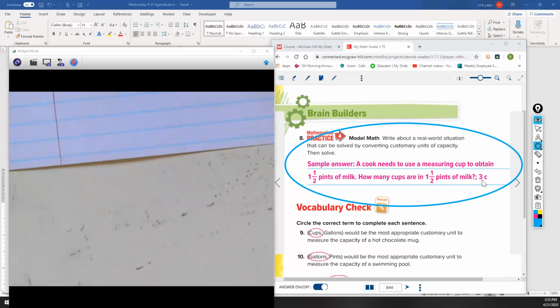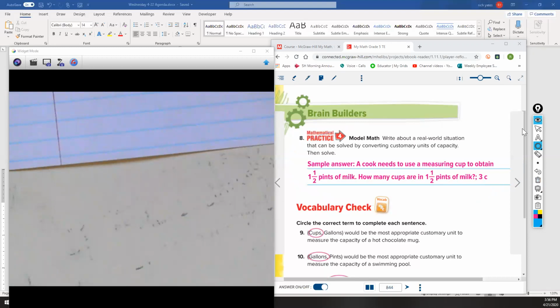But you're pretty much given flexibility to do any sort of problem where you're converting cups to pints, or pints to gallons, or fluid ounces to gallons, or gallons back down to cups. It's up to you. But you do need to submit that to Flipgrid today, so that I see what real world math problem or word problem you used in this assignment.